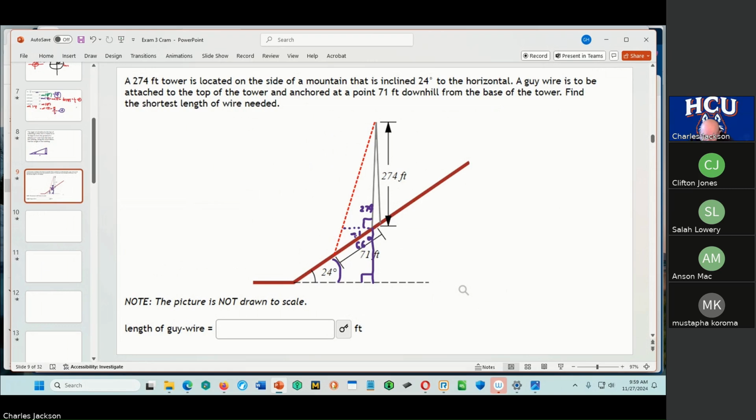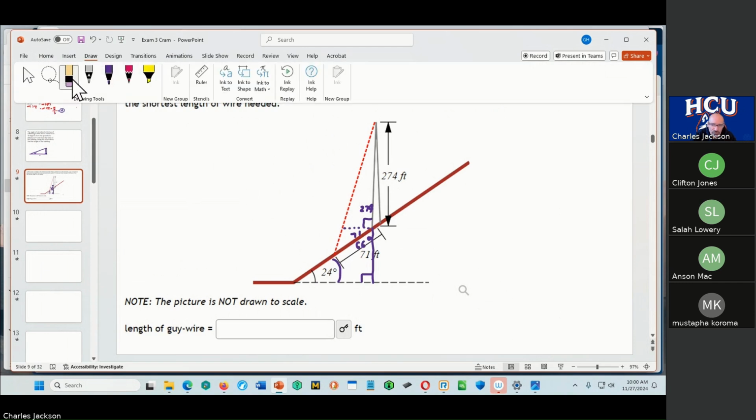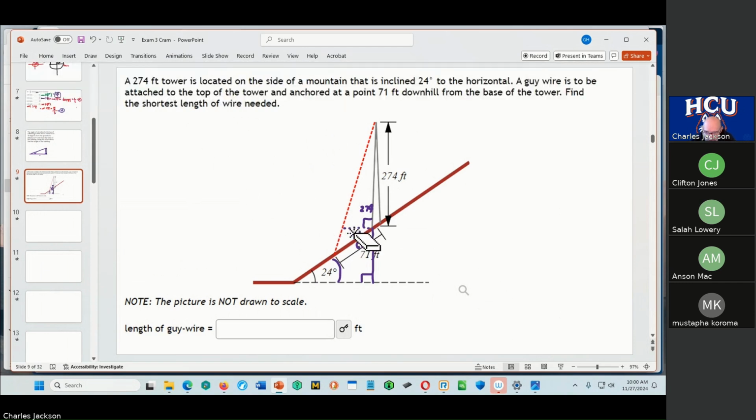Complement of that, by alternate interior angles, we know this angle right in there.